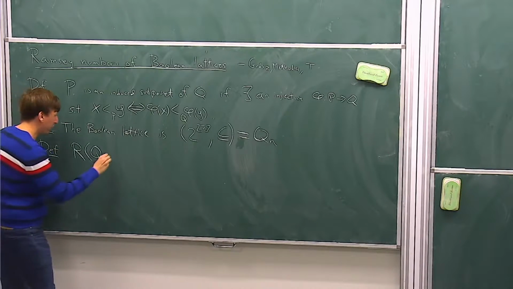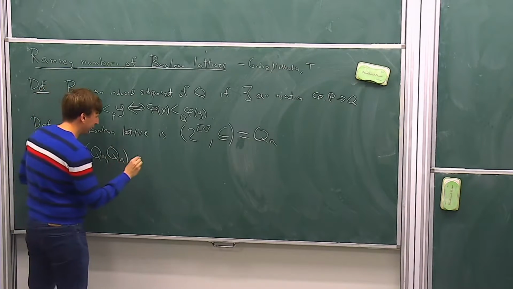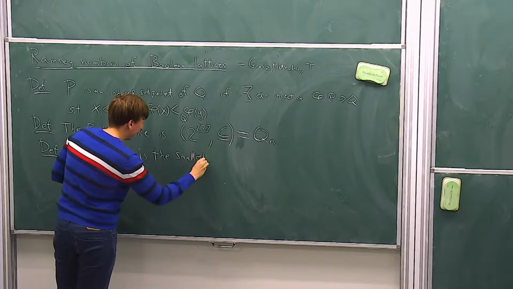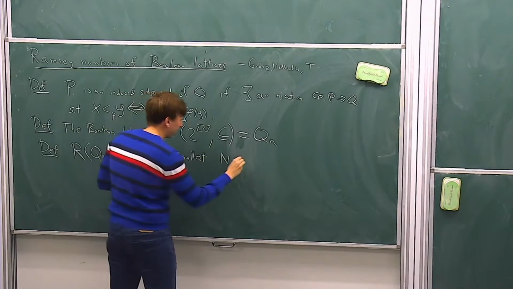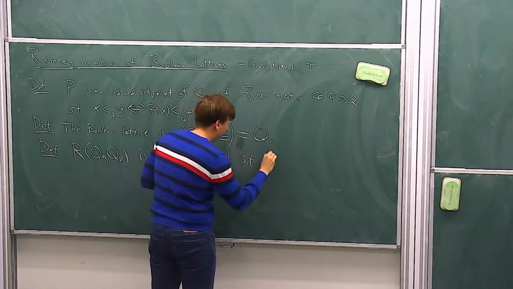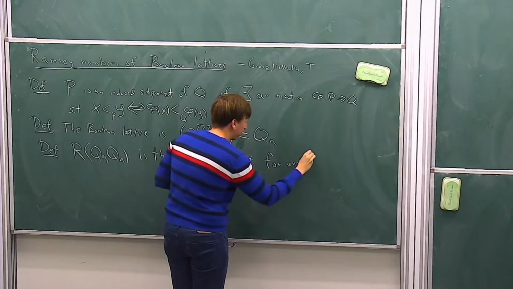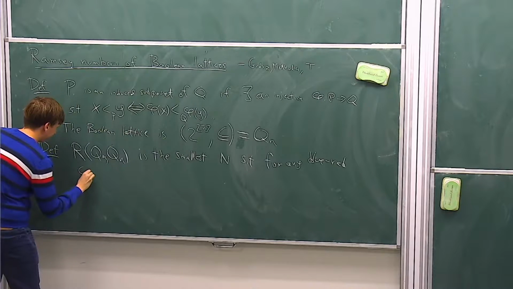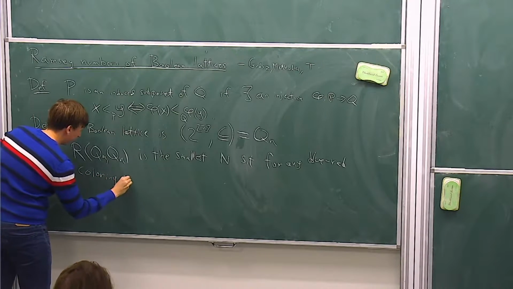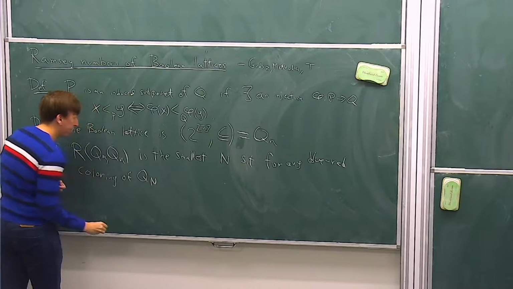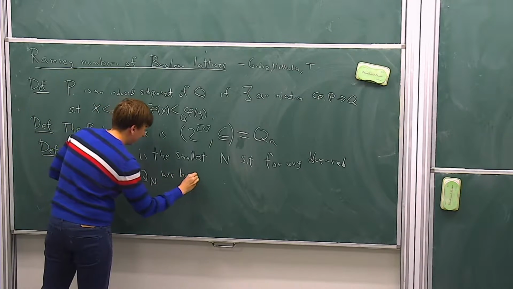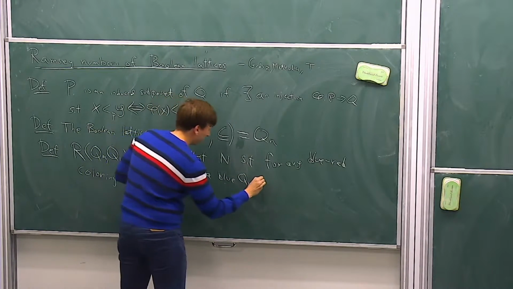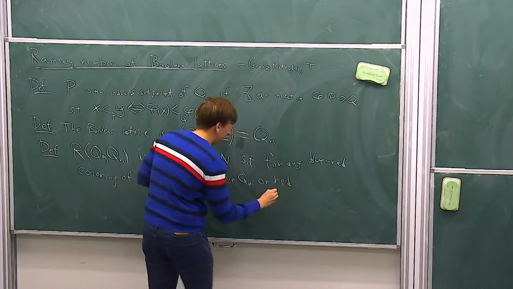So the Ramsey number R(Q_M, Q_N) is the smallest number capital N such that for any blue-red coloring of Q_N, we have a blue Q_M or a red Q_N.